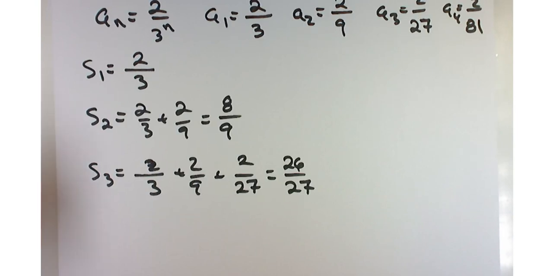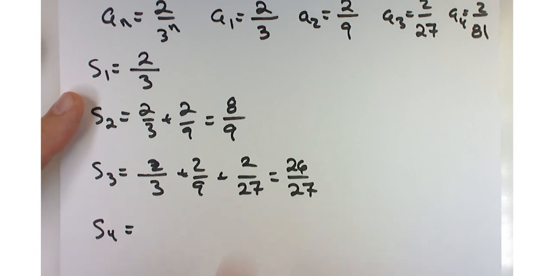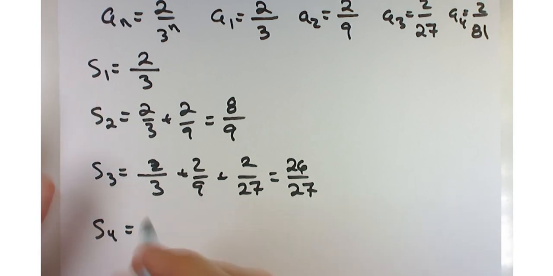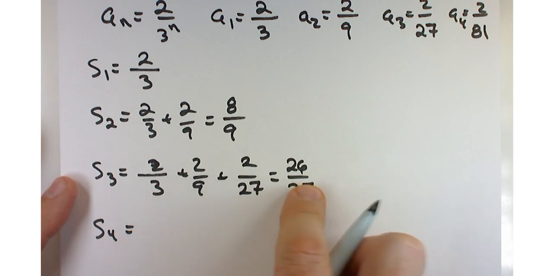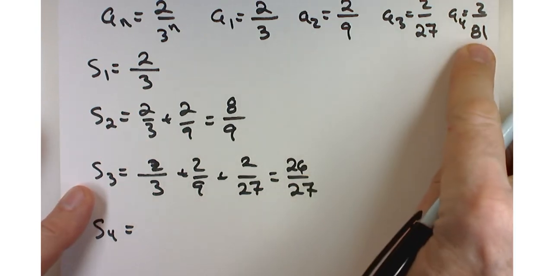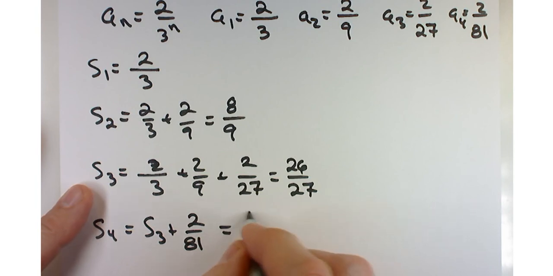And the last one, S sub 4. Annie used kind of a shortcut from our last one, I'll use it here. S sub 4 is just gonna be S sub 3 plus that last term. So let's do that, S sub 3 plus 2 over 81. And that's gonna give me 80 over 81.